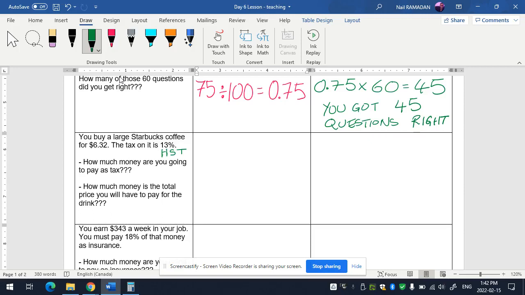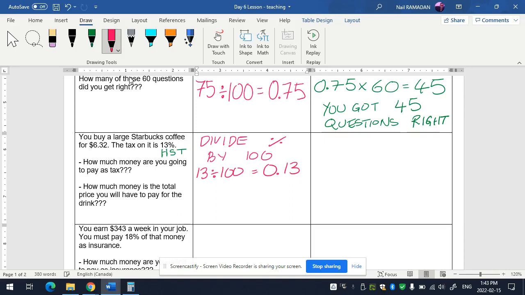You always divide any percentage by 100. So the first thing is, divide percent by 100. So that gets you 13 divided by 100 equals how much?